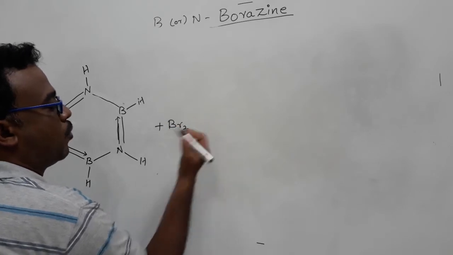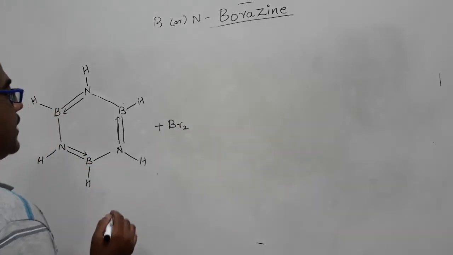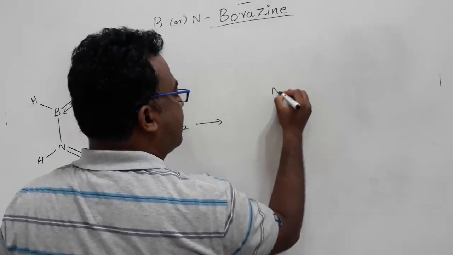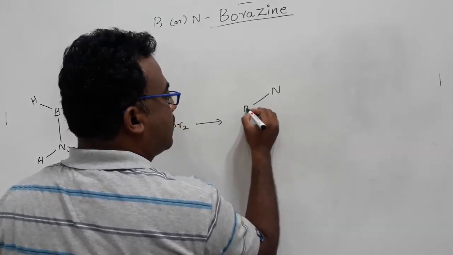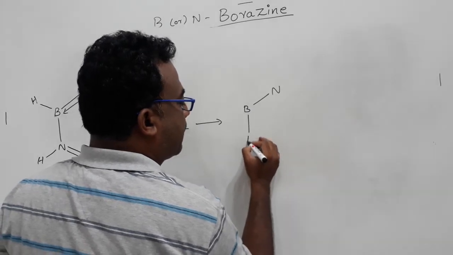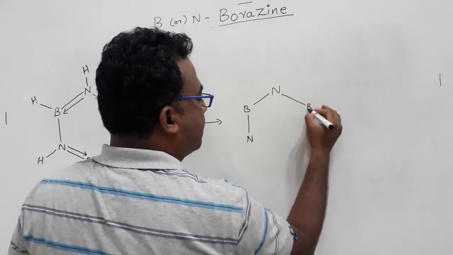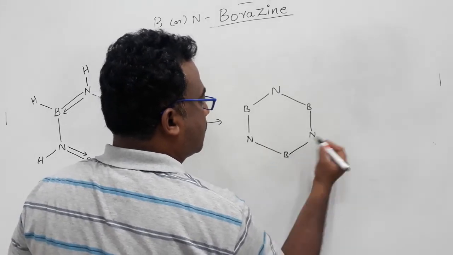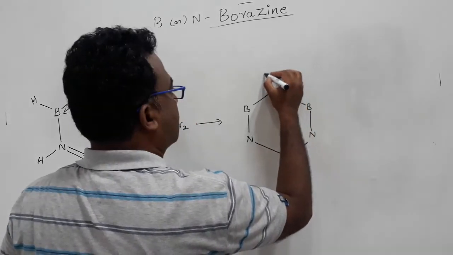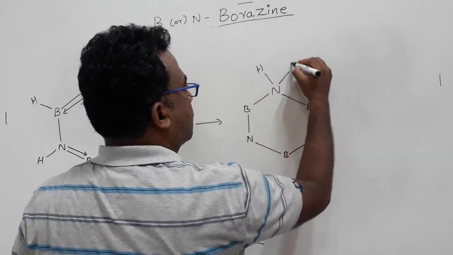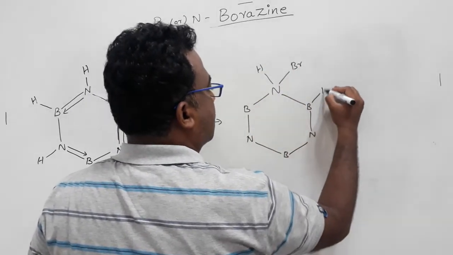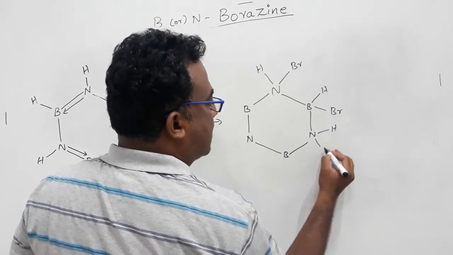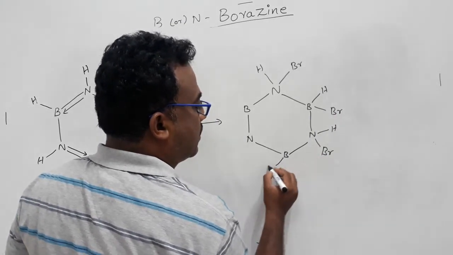If you react with bromine, it can undergo bromine addition to get a compound where again it loses the aromaticity.